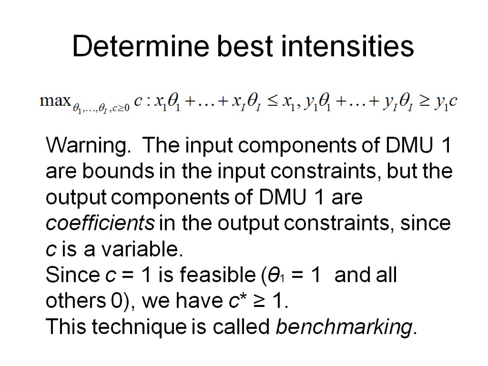And we want to produce more. So we take the observed output of firm 1 and we want to expand it by an expansion factor C. So the variables here are those intensities and that expansion factor C. If in the solution C is going to be 1.2, our conclusion is that firm 1 could produce 20% more output.